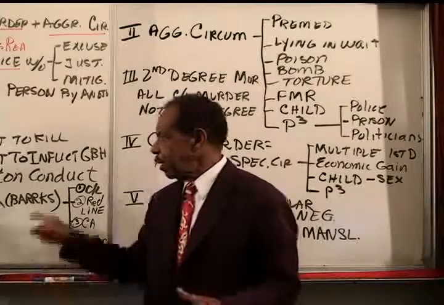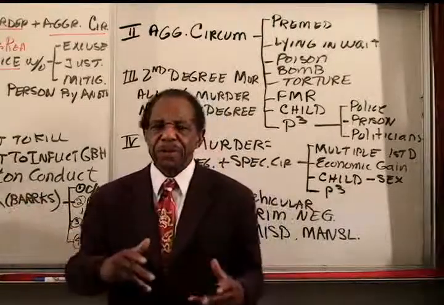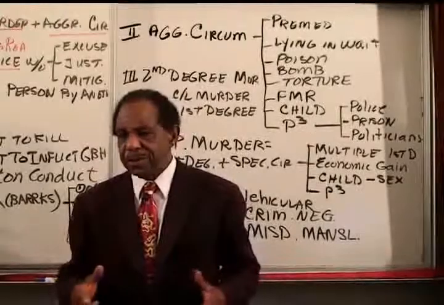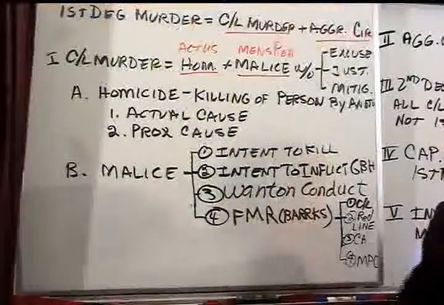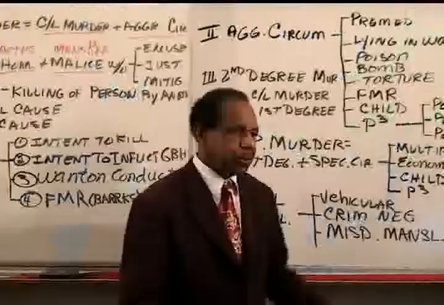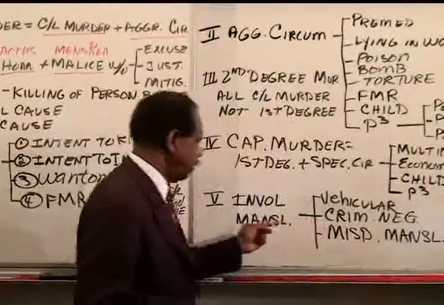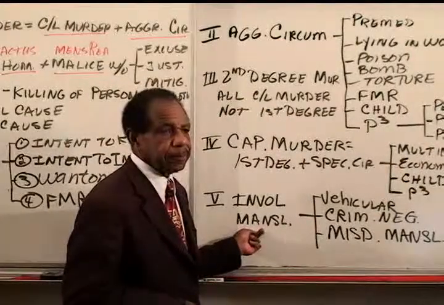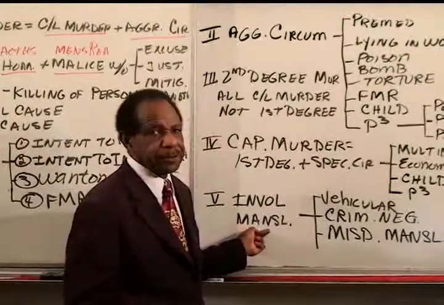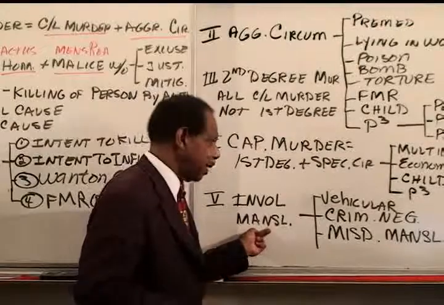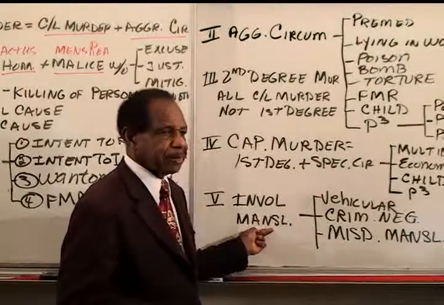You don't have wanton conduct, because the person isn't saying, I don't care if they get killed. So you don't have the malice, and when you don't have malice, you might be able to find involuntary manslaughter. Please keep in mind, if you do have malice, you cannot have involuntary manslaughter. If you don't have malice, you might.